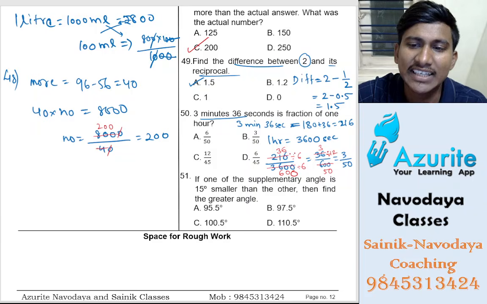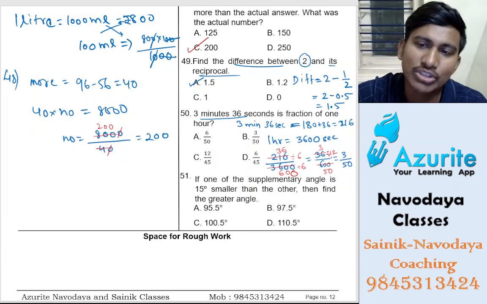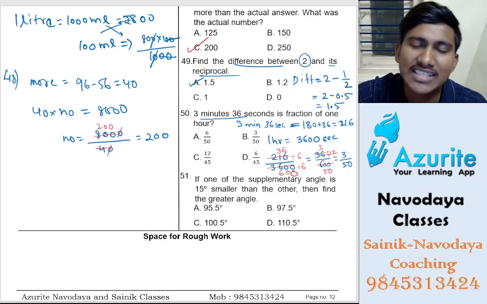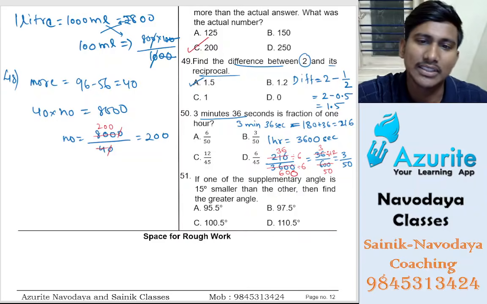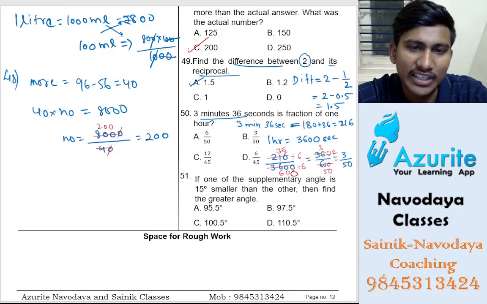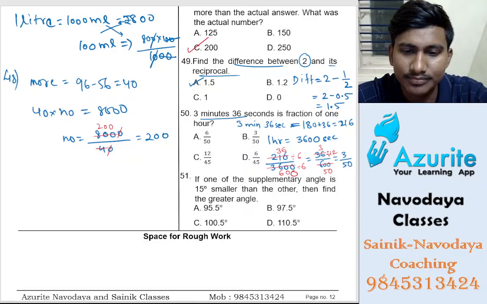Now you take that again, 36 divided by 600. You divide with the 12 table. So 12 3s are 36, 12 5s are 60, 0 as it is. So 3 by 50 will be the answer here. Okay, now simplification you should learn.